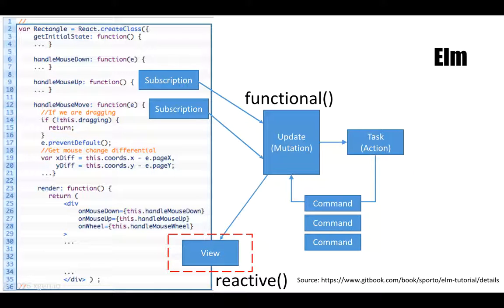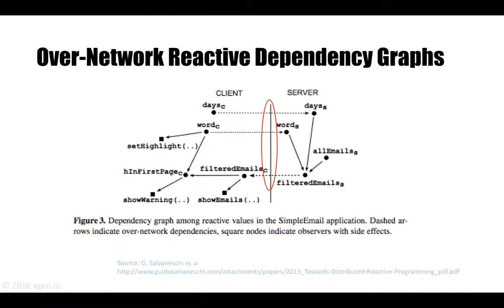And then once the update occurs, the view is reactively rendered. Again, I'm not necessarily a big fan of a pure FRP approach, but this is probably as close as you would ever get to FRP if you're looking for what it means to have an FRP framework.